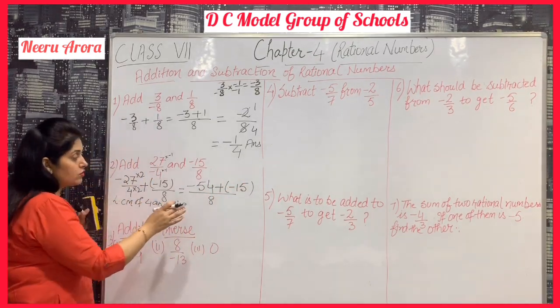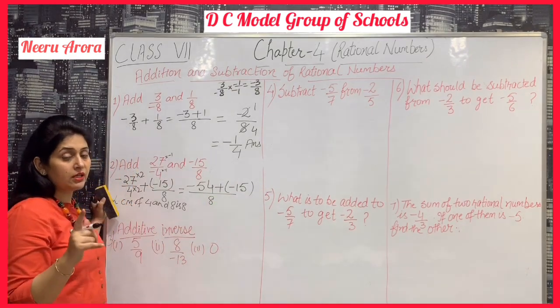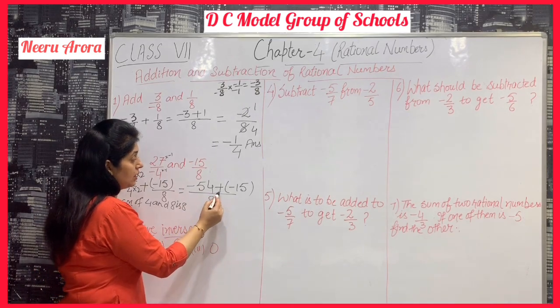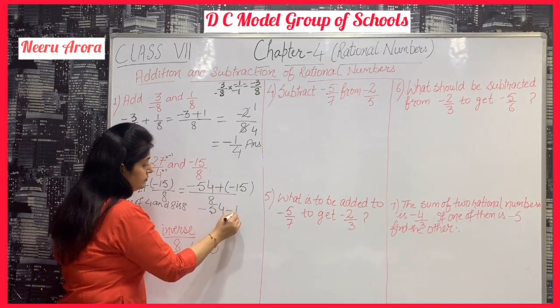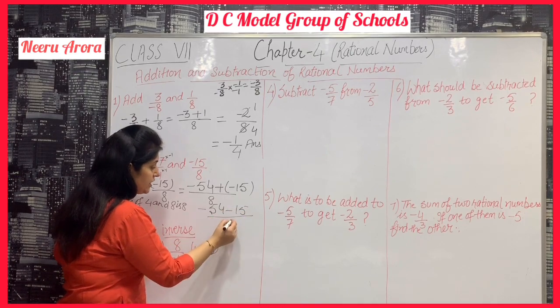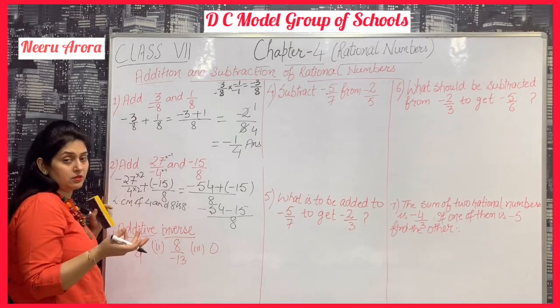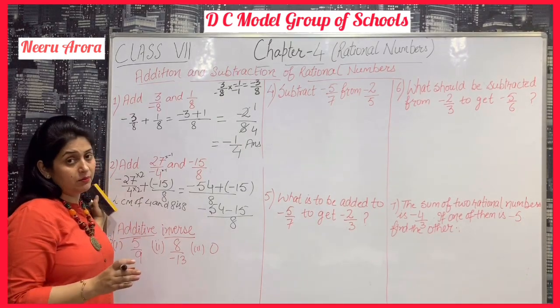So now there are 2 signs between two numbers. Always remember there is only one sign between two numbers. So here there are 2, we will make it 1. Plus multiplied by minus is minus. We have done this in integers also. So both the terms are minus. Whenever we have the same sign, we add the numbers.